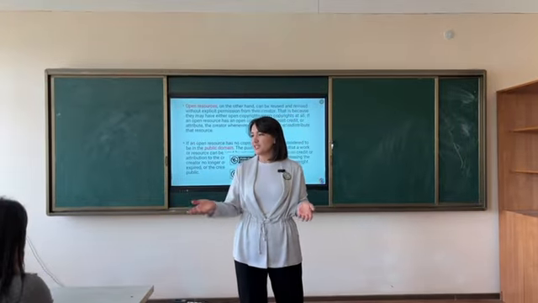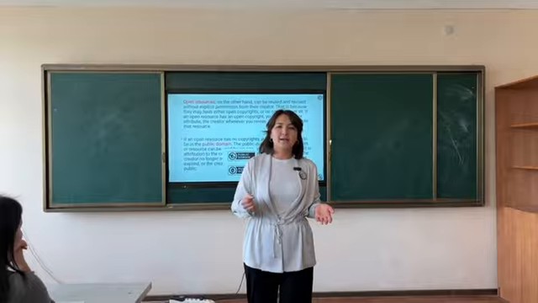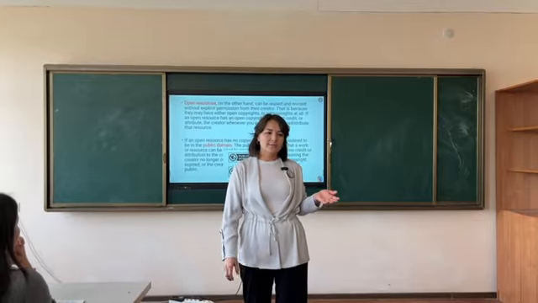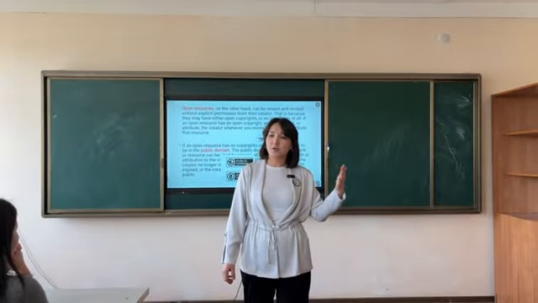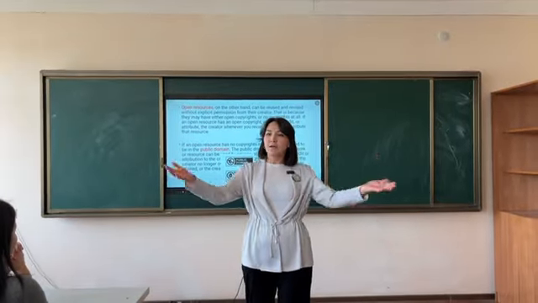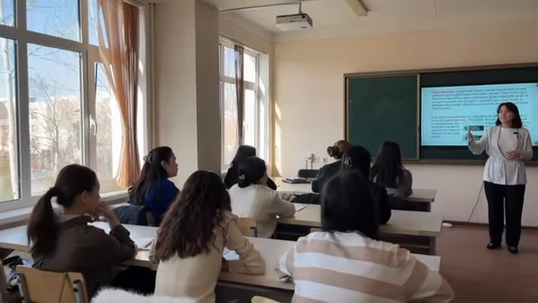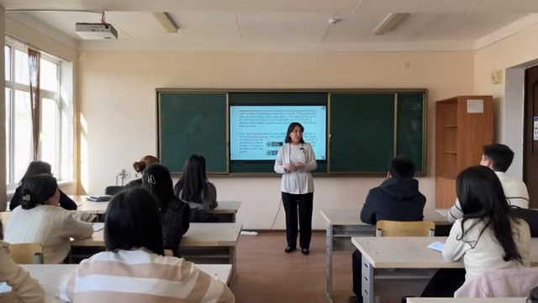For example, Alisher Navai's poems, William Shakespeare's poems, or this kind of property is considered to be public. So you can use it. You may still give credit to the authors who passed away.